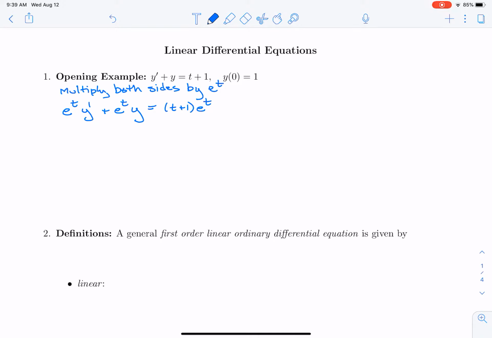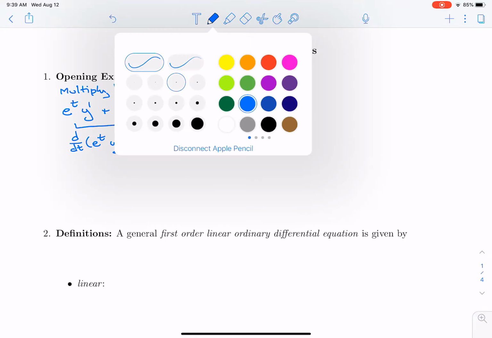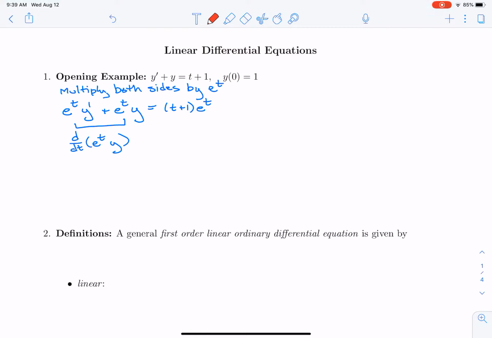Now what I want you to see here is that e to the t times y prime plus e to the t times y is actually the derivative of e to the t times y. What I've done is I've reversed the product rule. So if I was to take the derivative of e to the t times y, I could leave the first alone, e to the t, and take the derivative of the second function, which is y prime.